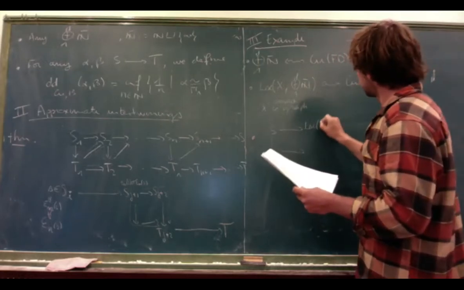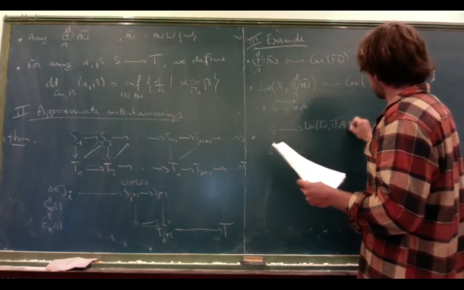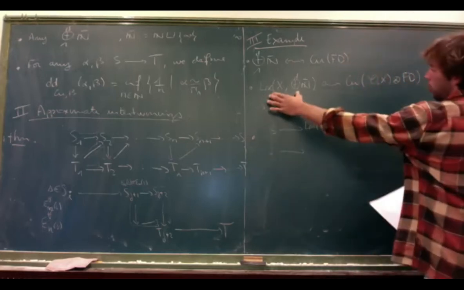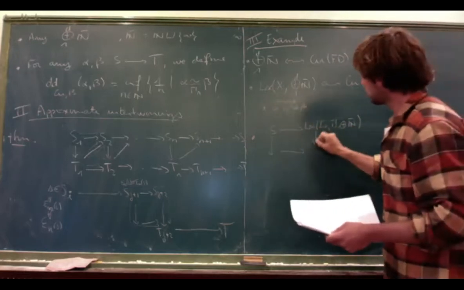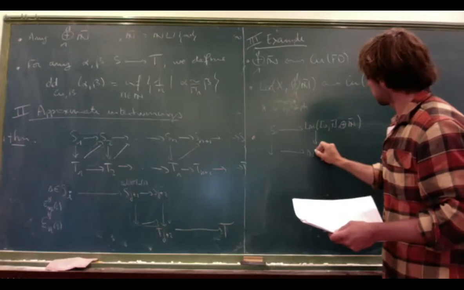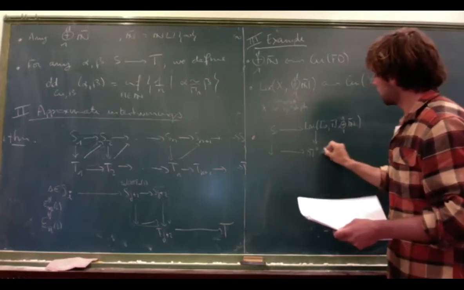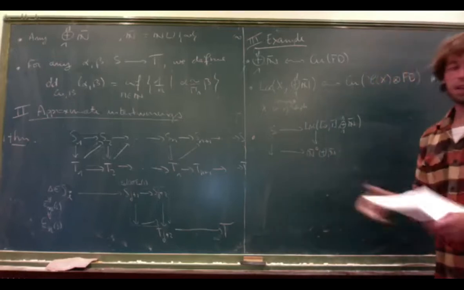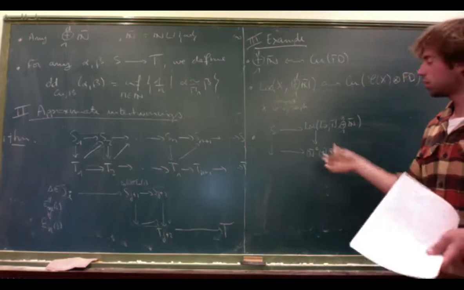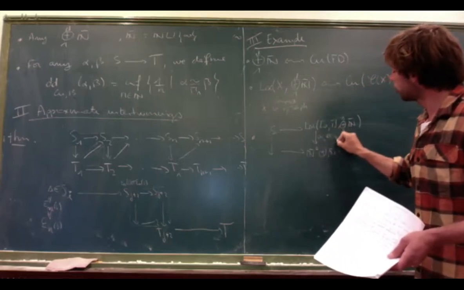So if I construct the pullback, one of those, but X is the interval, I do the same construction that is done for the circle.